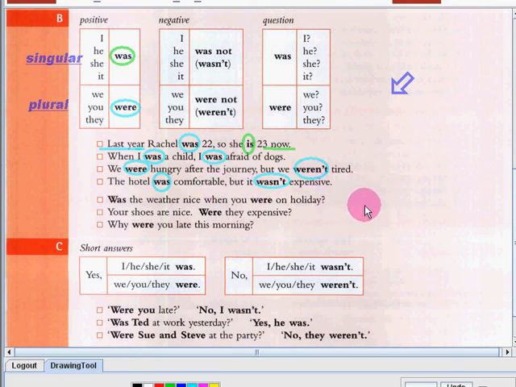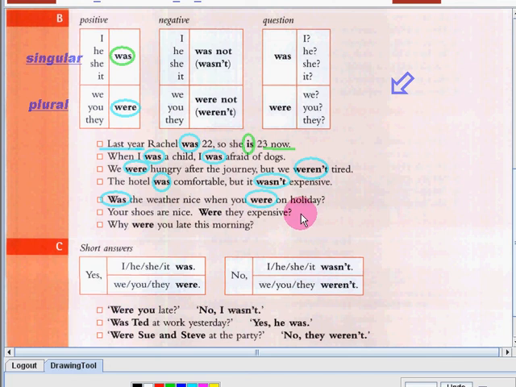Was the weather nice when you were on holiday? This question is asking about the holiday. It's in the past tense because the speaker is asking what happened during the holiday. That's why the speaker used was and were.